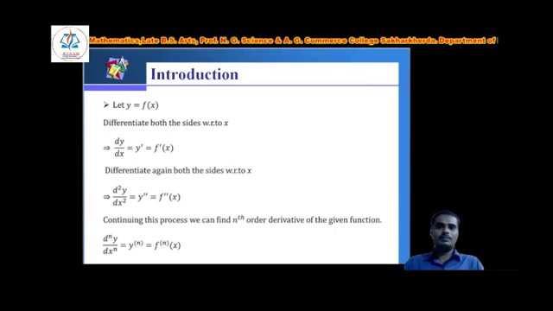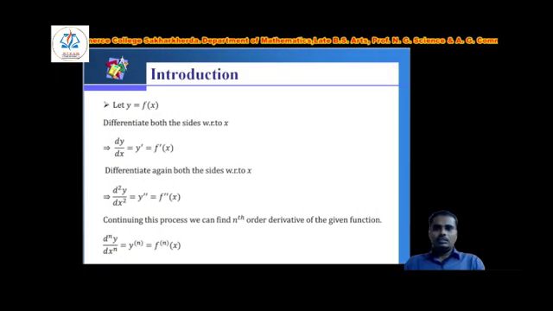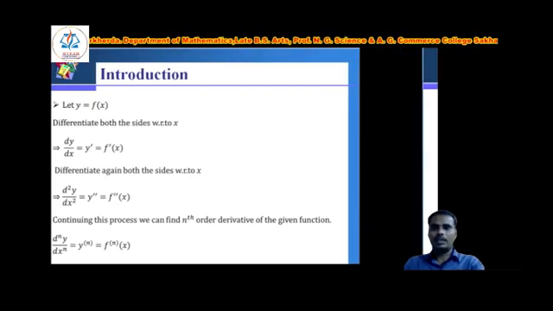Again differentiate with respect to x, that is d2y by dx square, that is y double dash, that is f double dash of x. Continue this process with nth order derivative. The given function is nth derivative of y equals the nth derivative of the function of x.